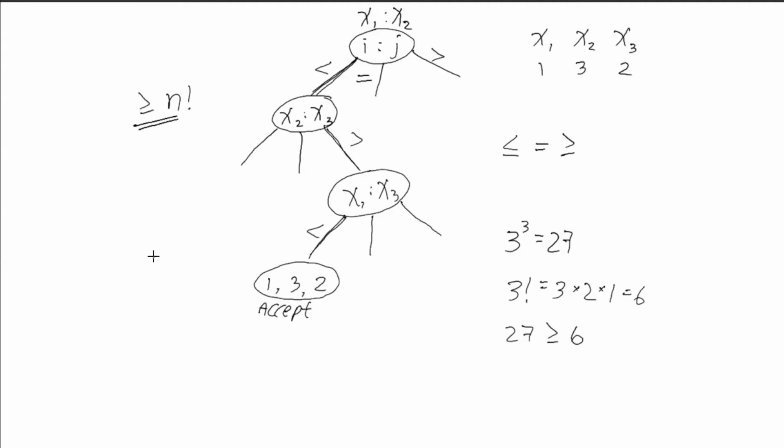So we know that we have at least n factorial outcomes. The comparison decision tree would be n log n runtime. And we can make this solution tractable by limiting instances to within a cube.